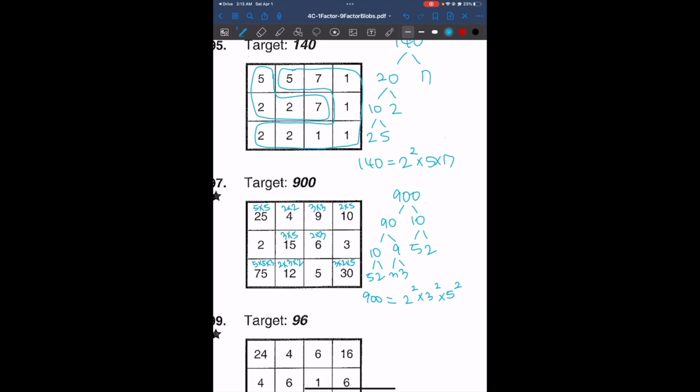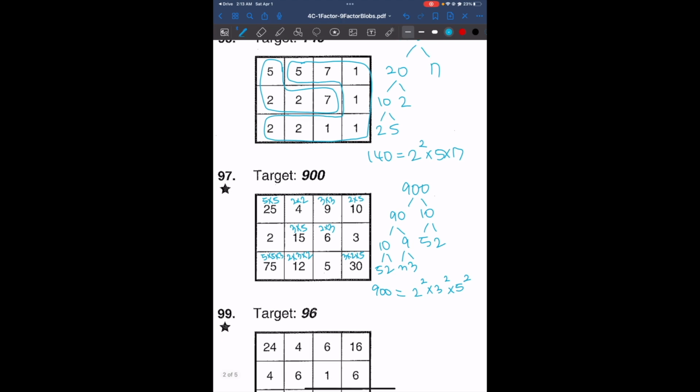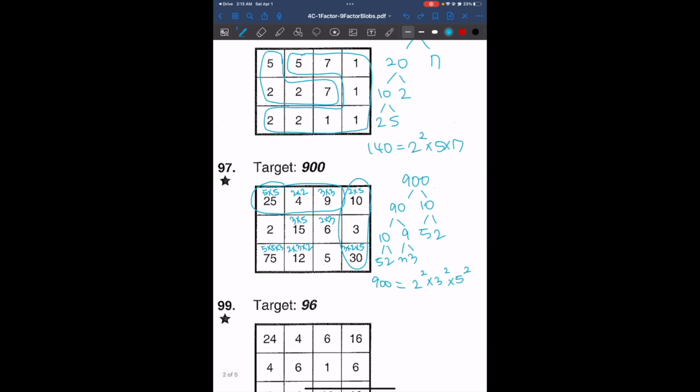And so for problem 97, we're going to group these three numbers into one blob. So there's two fives, there's two twos, two threes, and two fives involved. And then we're going to group these three into one blob. Again, there's two twos involved, two threes involved, and two fives involved.